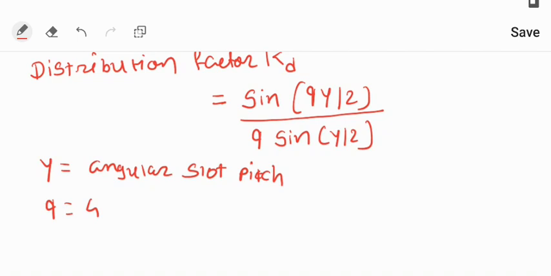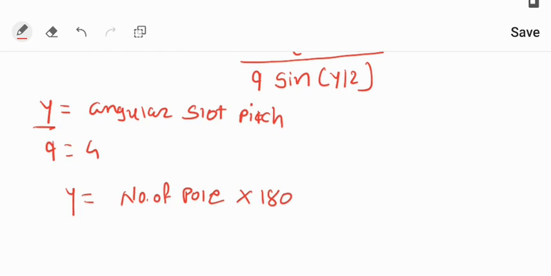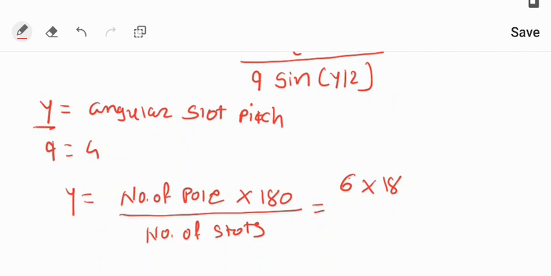So for getting the value of y, we have one equation, that is y is equal to number of poles into 180 divided by number of slots. The number of poles is given as 6, so 6 into 180 divided by 72.